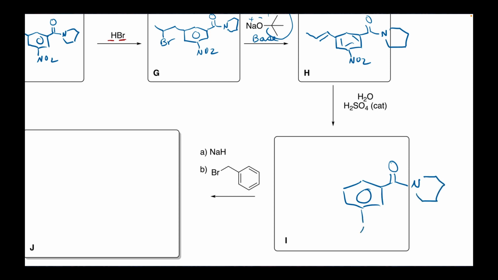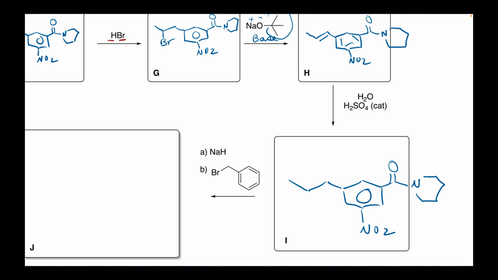Amide is still there. Nitro group is still there. The double bond, you add proton and OH across the double bond, hydration of the double bond. And will the OH be here or will it be here?